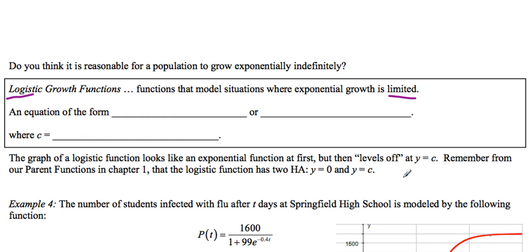Okay, and we can normally see two different forms of our logistic functions. I'm going to write them above here because I've got a little bit more space. One, we've got c in the numerator of a fraction, and in the denominator we've got 1 plus a times b to the x.